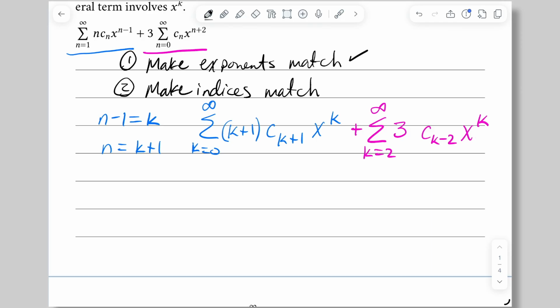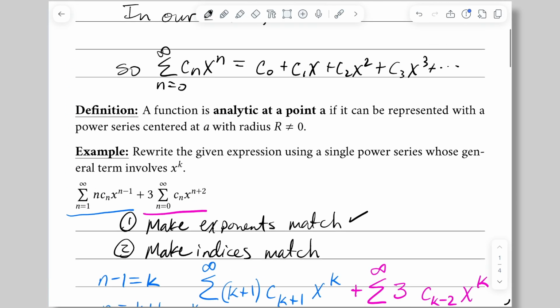But if we look back up here at the power series as n goes from 0 to infinity of c sub n x to the n, the first term was c sub 0, the second term was c sub 1 x. If we wanted to, we can stop the plus expressions at any random point and express it as a sum of c sub n x to the n.